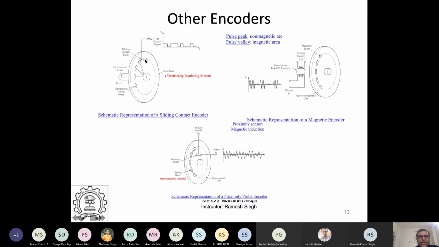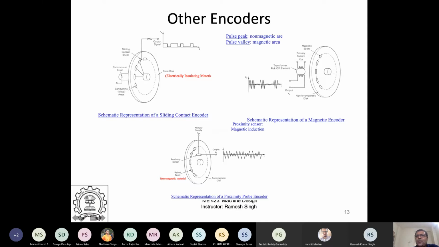There would be basically a sliding brush, and every time there is a contact, this is conducting. The other one is insulating. So every time we fall on the conducting one, this is the mechanical encoder, you would get a pulse signal. But these are obsolete now. Magnetic encoders, people still use, but optical are the highest quality. Okay.